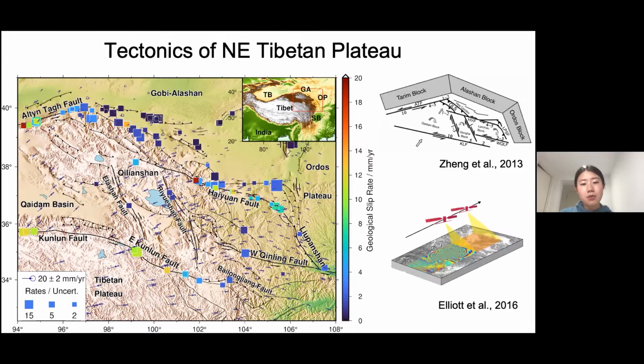So hopefully, with the high-resolution InSAR data available with the launch of Sentinel-1, we can map the velocity and the strain rate across this area at much higher resolution.